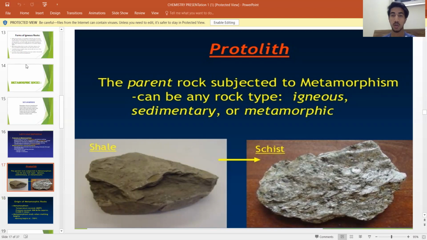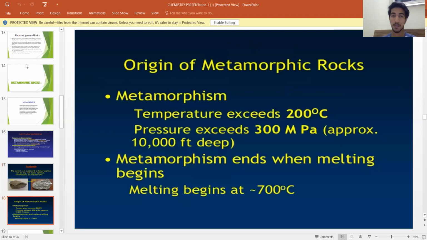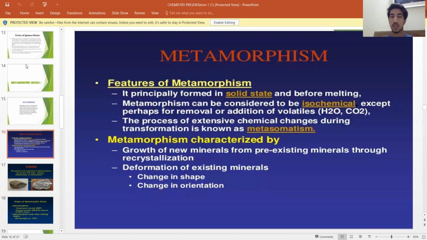Metamorphic rocks form when rocks are subjected to high heat, high pressure, hot mineral-rich fluids, or more commonly, some combination of these factors. These conditions are found deep within the earth or where tectonic plates meet.